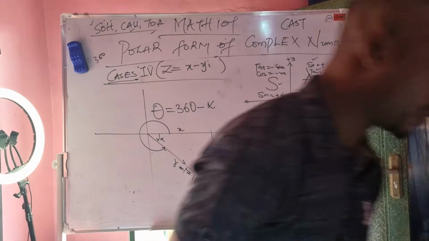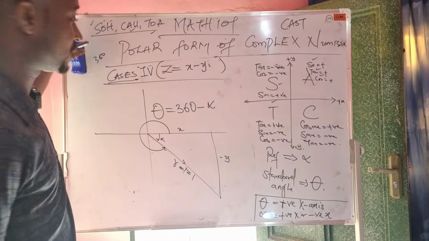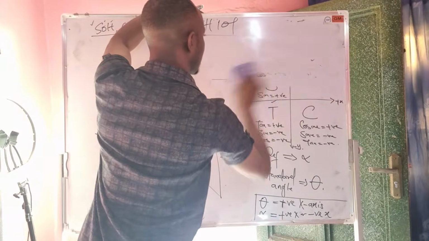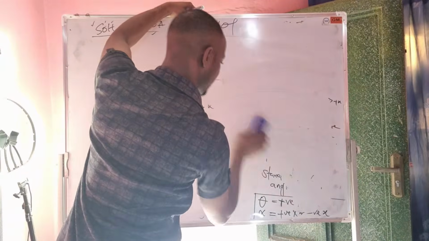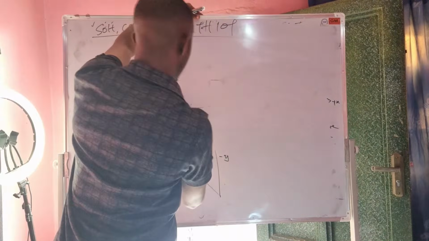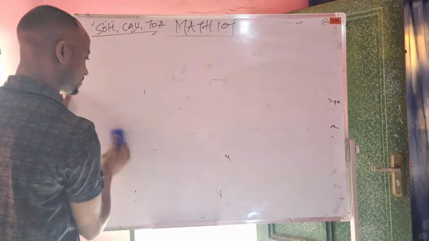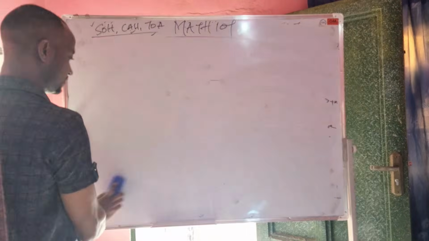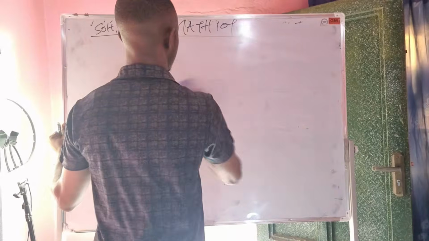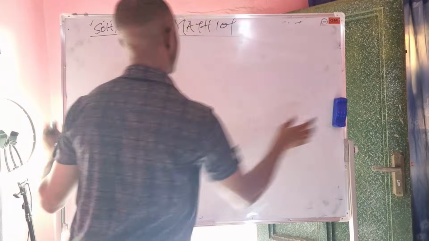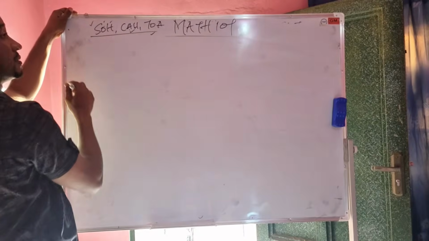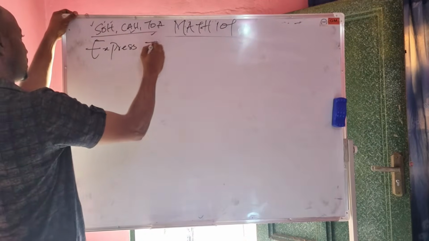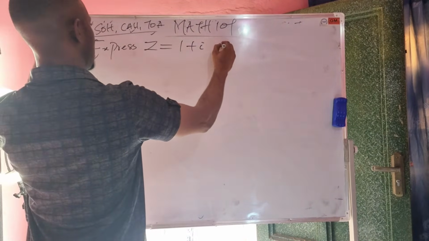We are given this question. We are told that given z equals 1 plus i, express z equals 1 plus i in polar form.